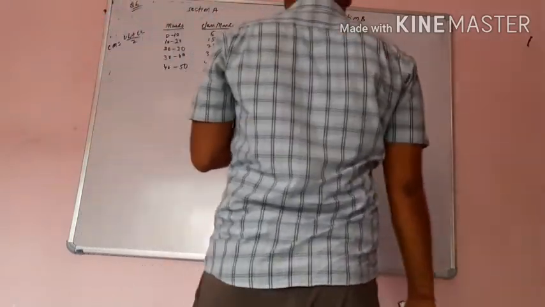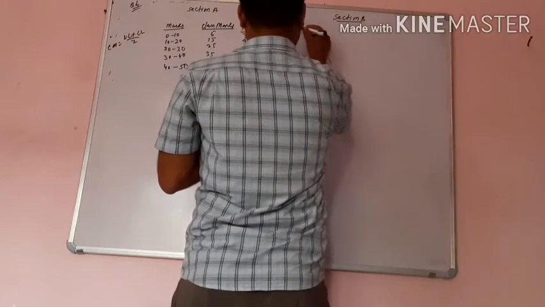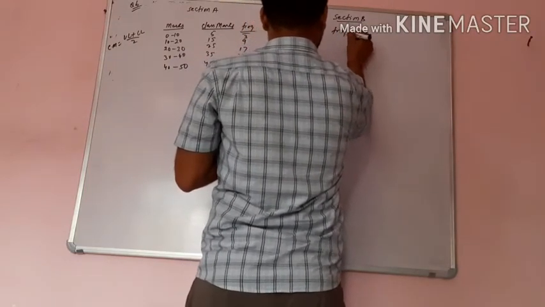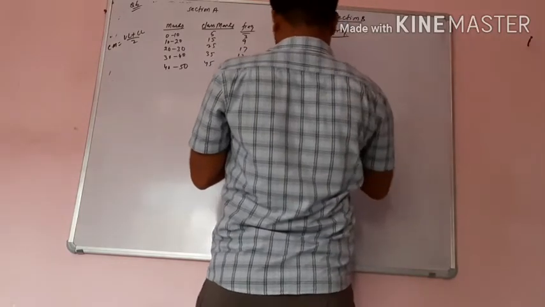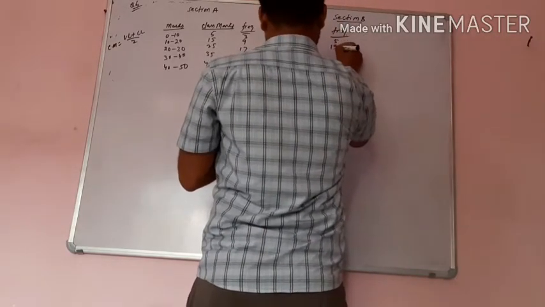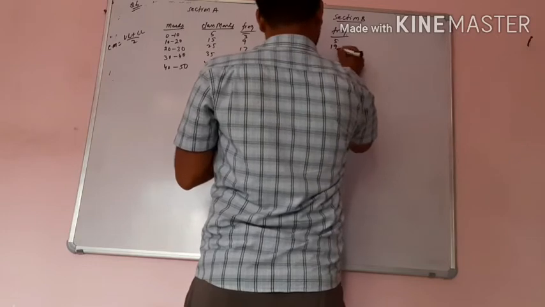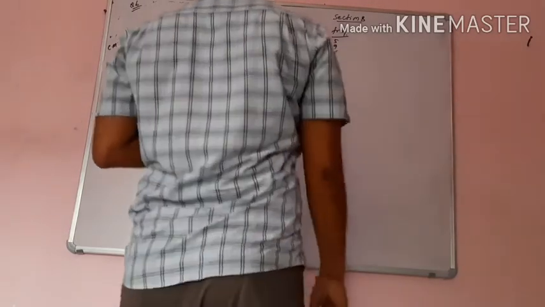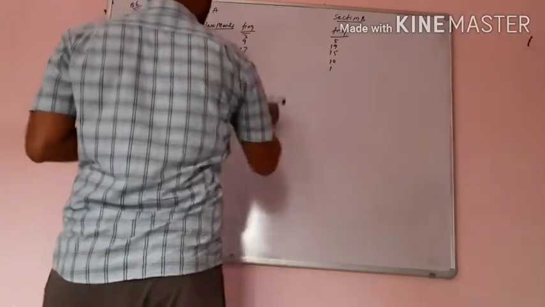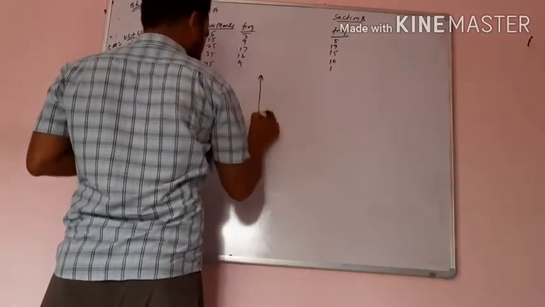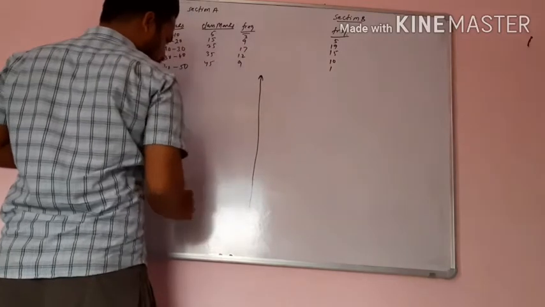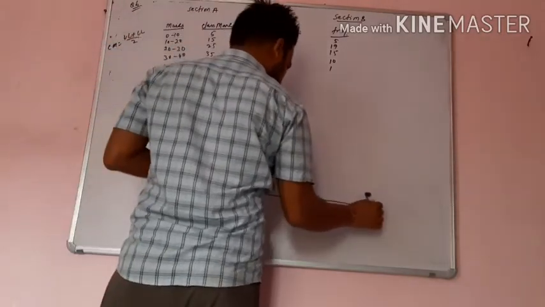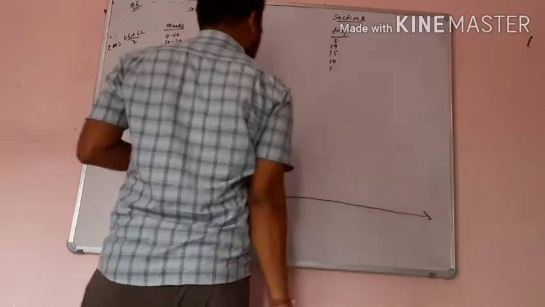Now similarly I am writing the frequency of section B. Here it will be 5, 19, 15, 10, 1, because the groups are the same. Now this is the y-axis, and we will extend the x-axis to the left side. Why?